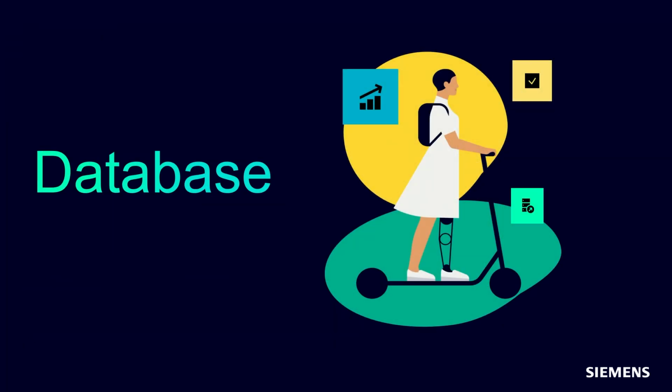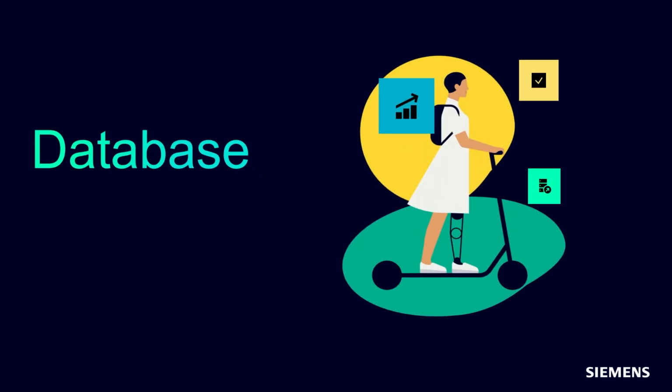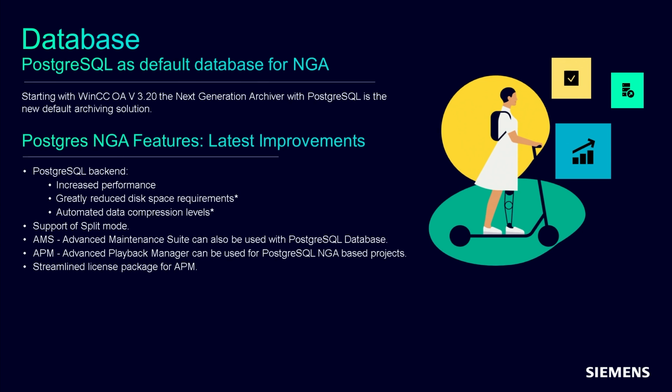From database side, with 3.21, as you already know, in the former versions, we introduced Postgres as our standard database for NGA. And with 3.21, we will bring some add-ons or we're closing the gaps. One thing is we increased the performance of the PostgreSQL backend.